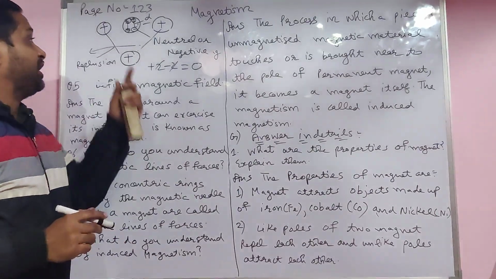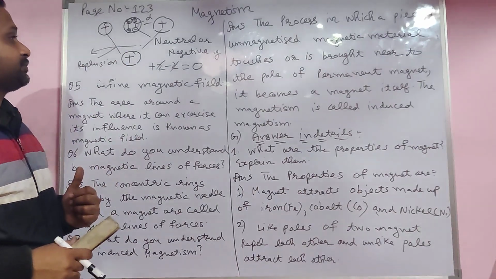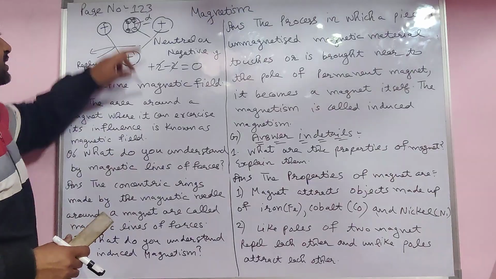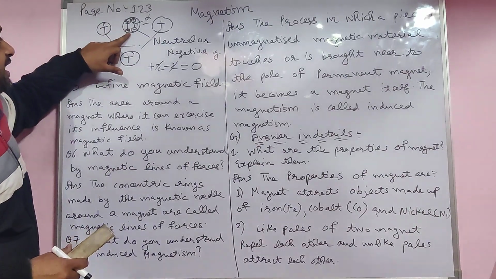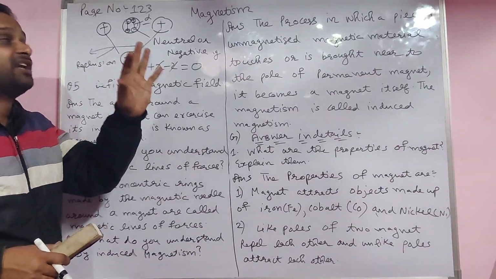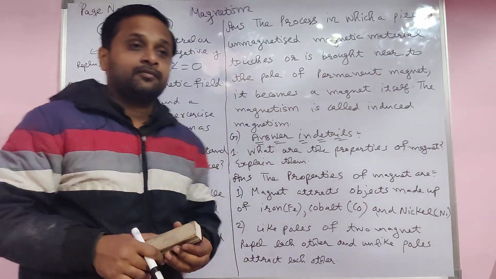The charge is induced. I will discuss induced charge afterwards. Due to the positive charge, negative comes here and positive is repelled, so it moves away. Charge separation is there.